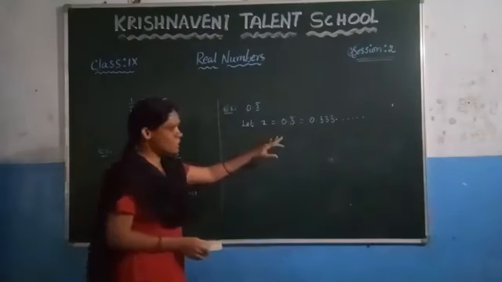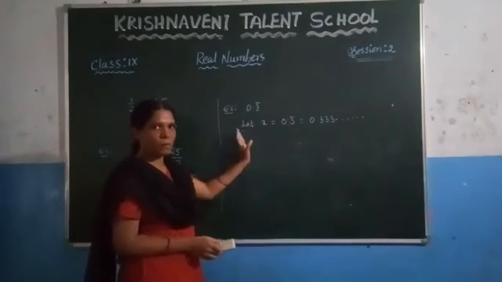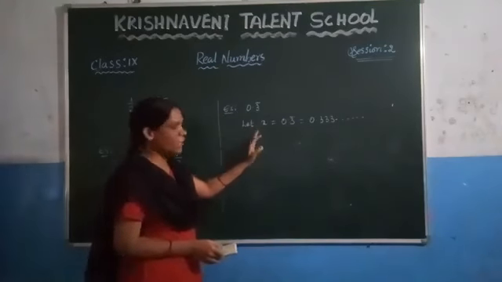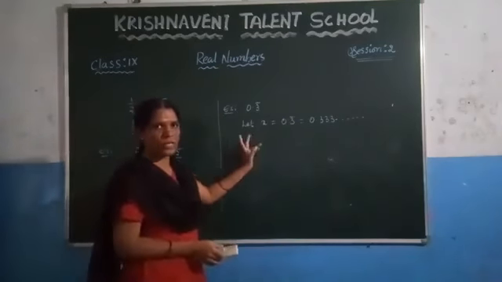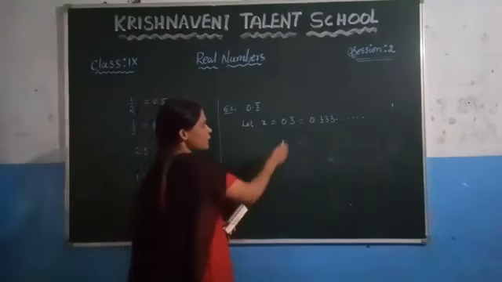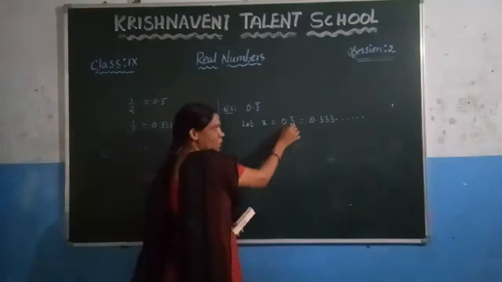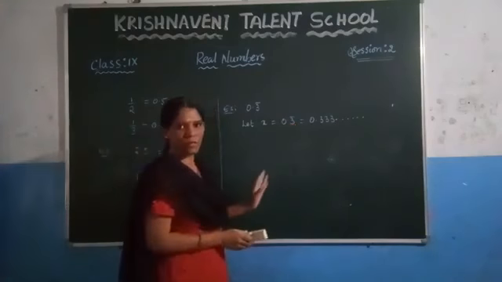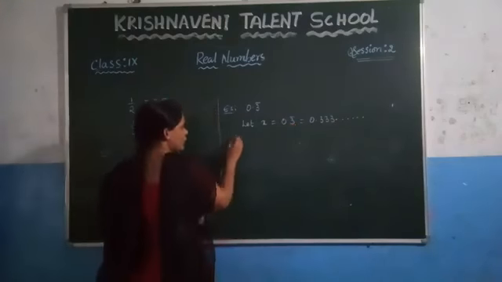So if the periodicity is 1, we have to multiply the number by 10. If the periodicity is 2, you have to multiply the number by 100. That is the process. Here, since the periodicity is 1, you have to multiply this number by 10.